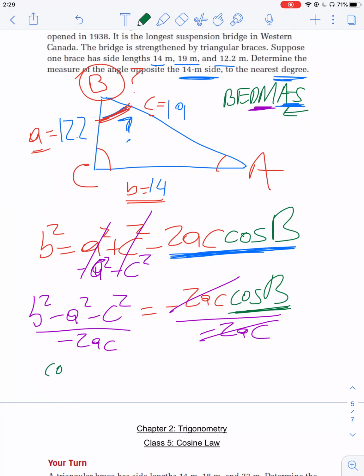So now I have cos of b is equal to b squared minus a squared minus c squared over minus 2ac, okay? And now just plug in your values.